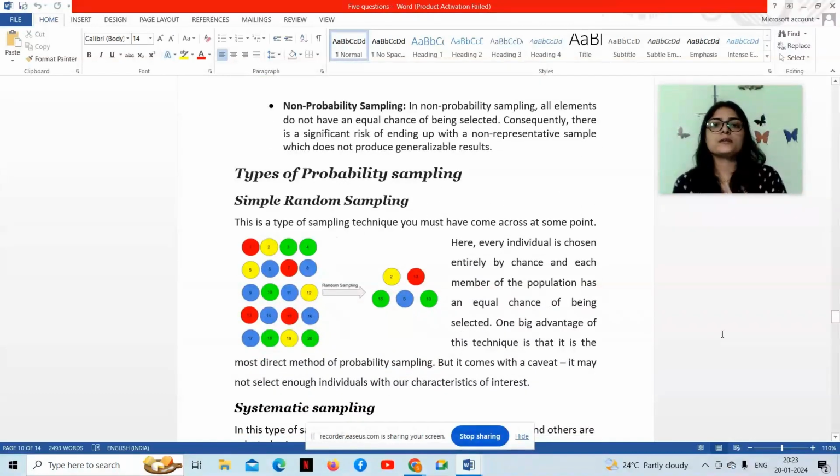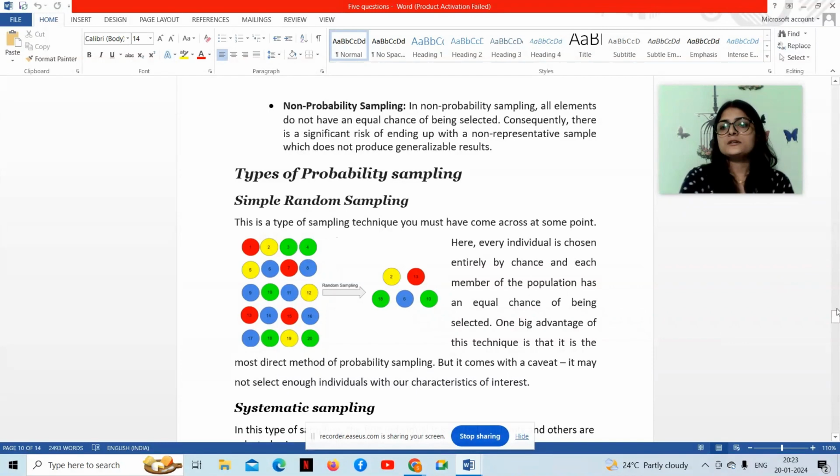In non-probability sampling, all elements don't have an equal chance of being selected. That's why there is a significant risk of ending up with a non-representative sample, which does not produce efficient results.